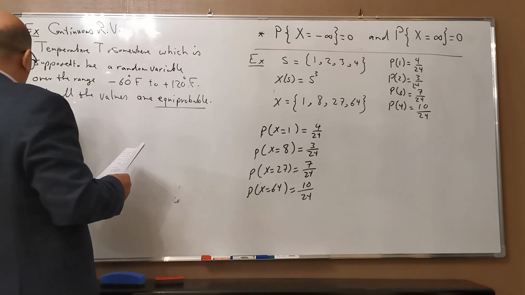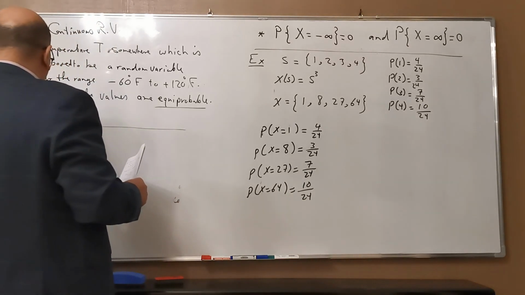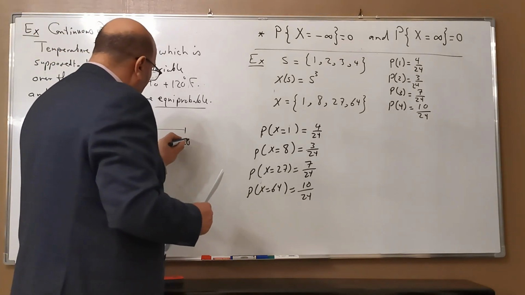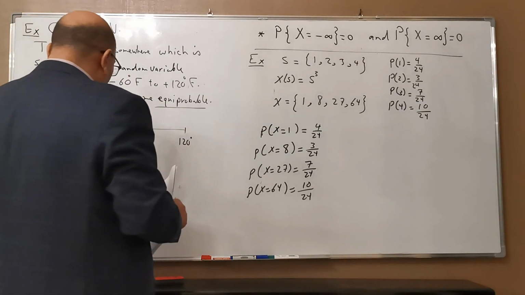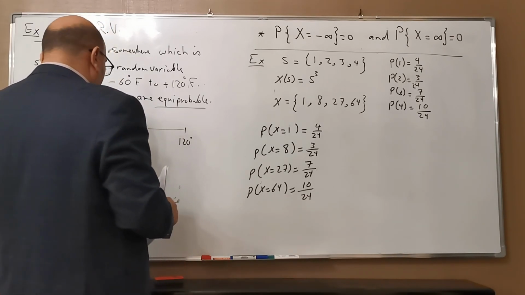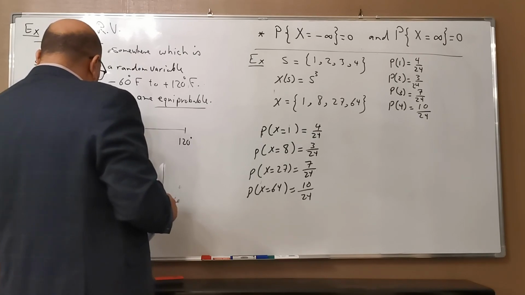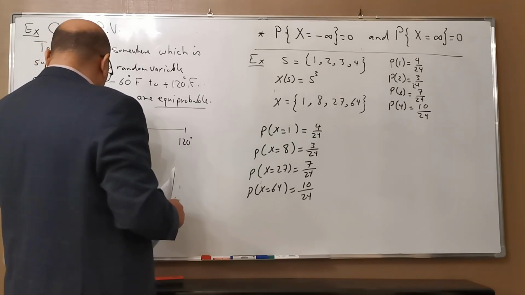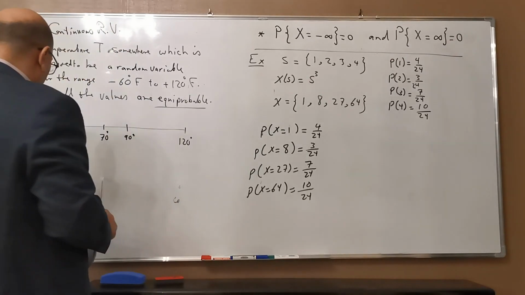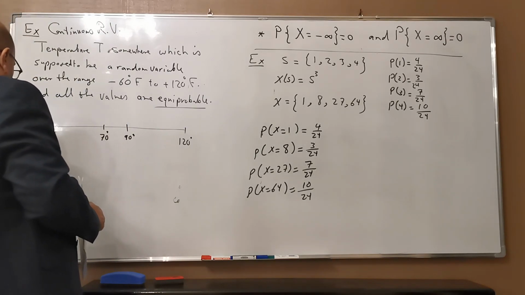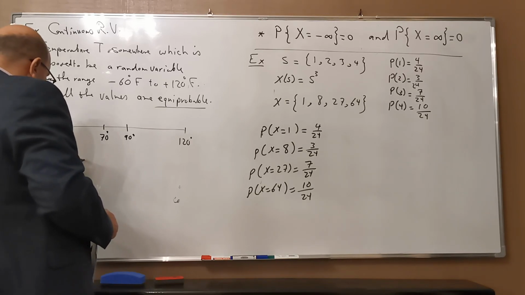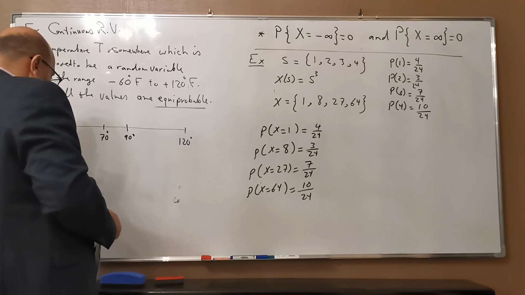Now the probability, so you have a probability over t from minus 60 degrees until 120 degrees. Now if I need to see what will happen if we have a probability, let's say between 70 until 95, let's say, or 90. So 70 until 90. What is the probability of x greater than 70, less than or equal to 90?